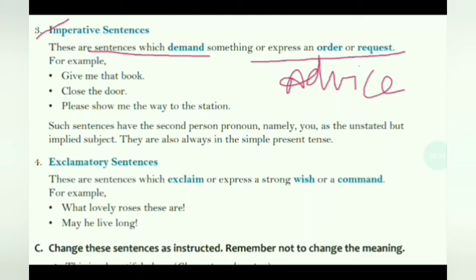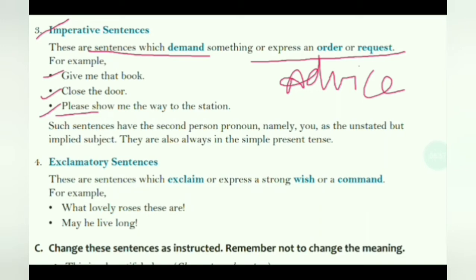For example, give me that book. It may be a command or request. Close the door. It's a command. And in the third sentence, please show me the way to the station. Here the word please is expressing a request. Or an example of advice, obey your parents.